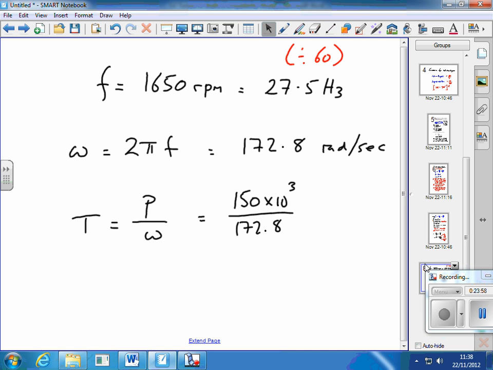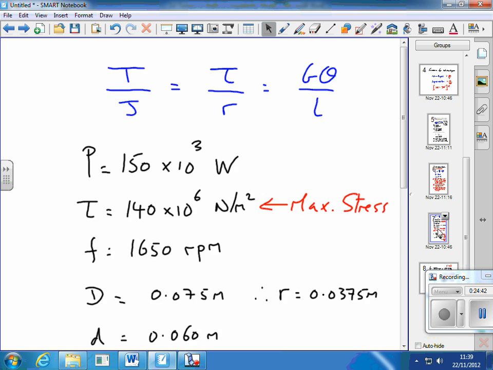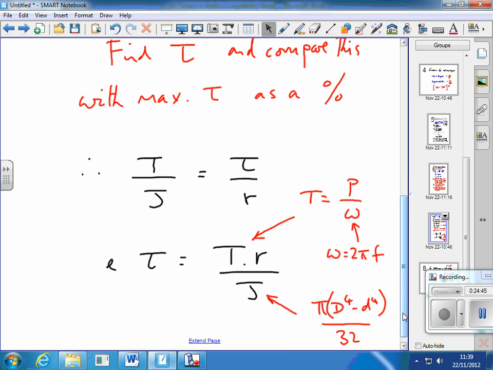Divide by 60 because we know RPM, revolutions per minute, and we want revolutions per second. And tau equals TR over J, so J.